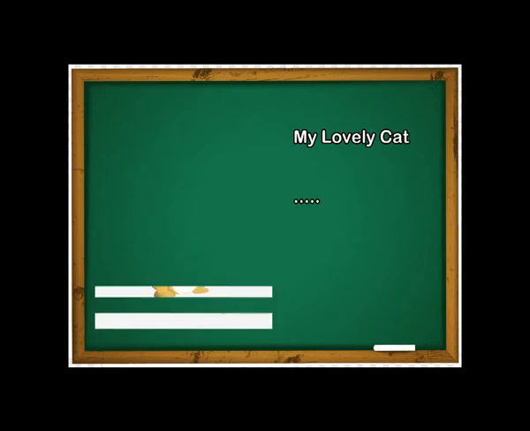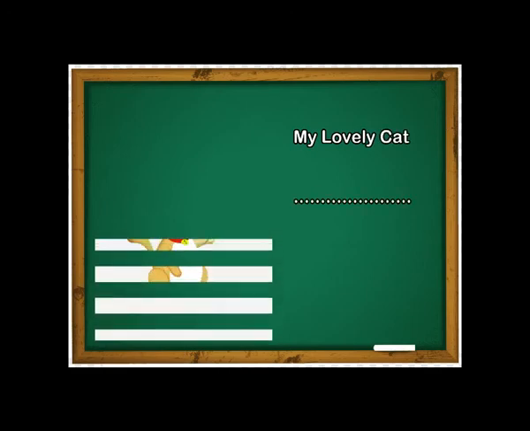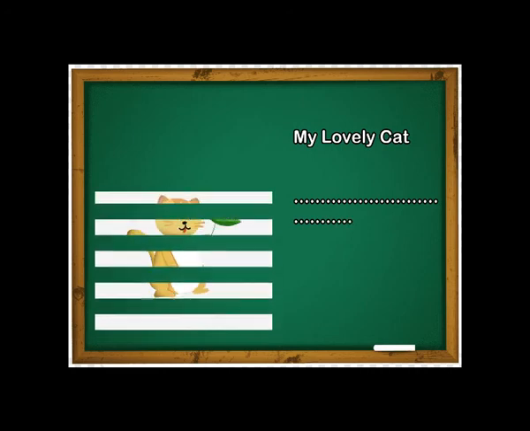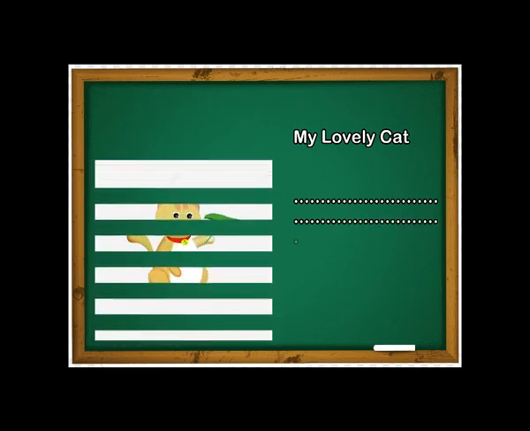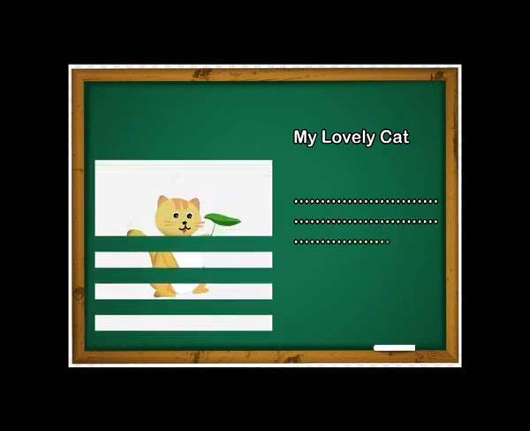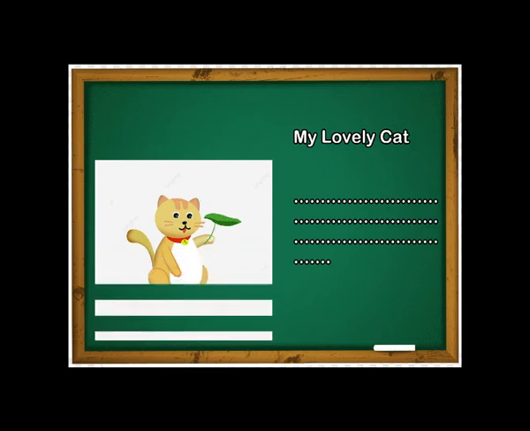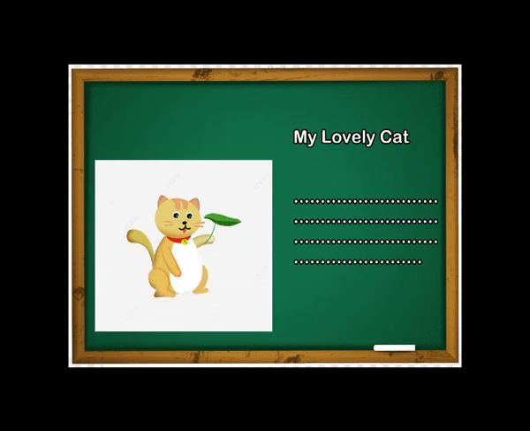In activity, please write the description of my lovely cat based on picture. It's imperative sentence to state it. Okay, in here I give you a picture. It's about a cat, and please you make a short descriptive text by looking at the picture.